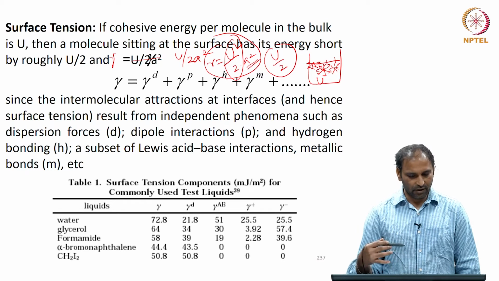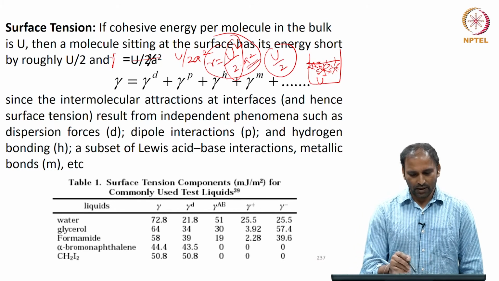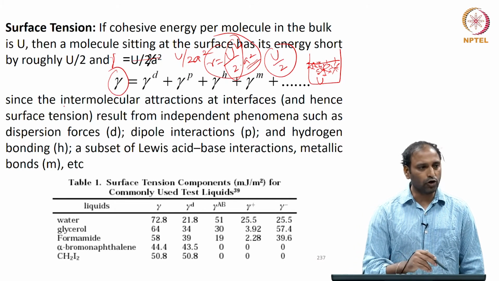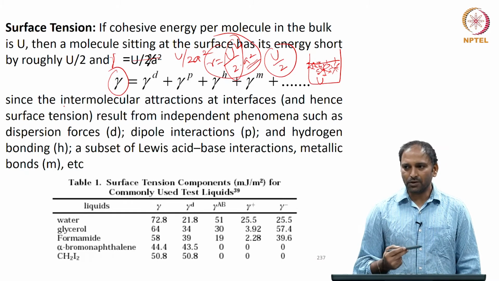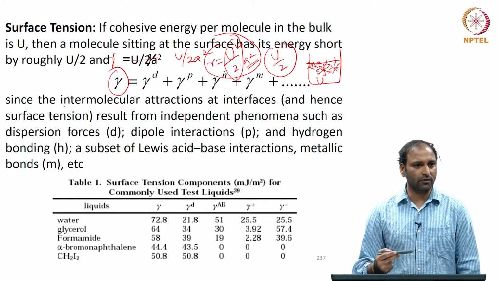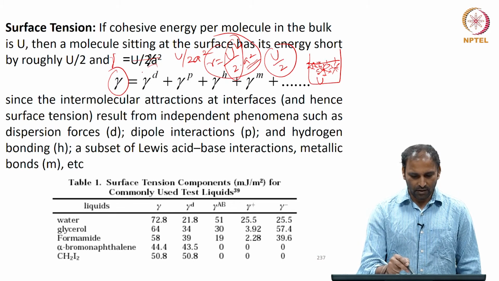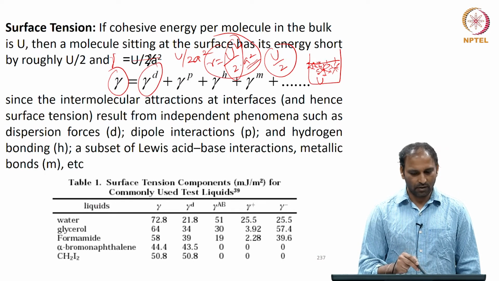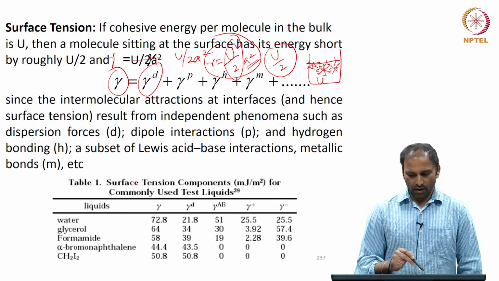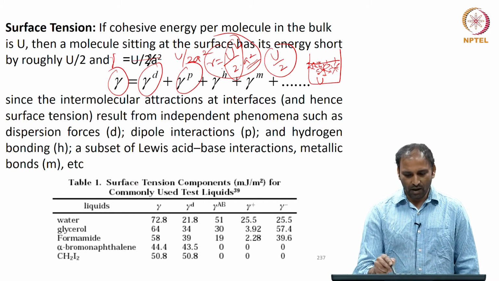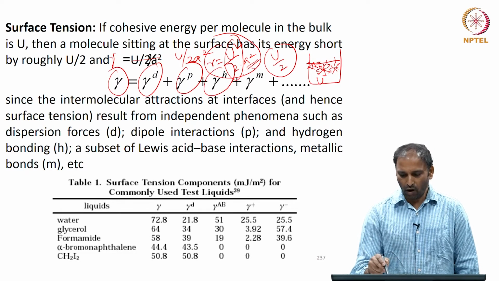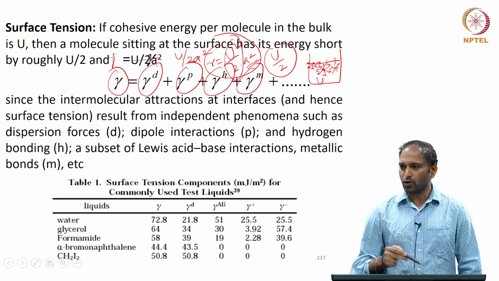Now, by that concept, I can say that the overall contribution to the surface tension comes from the various intermolecular forces. There is a dispersion component. There could be some kind of dipolar interaction, there could be hydrogen bonding interaction or metallic interaction, and so forth.